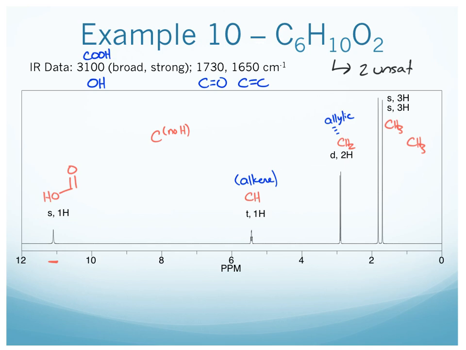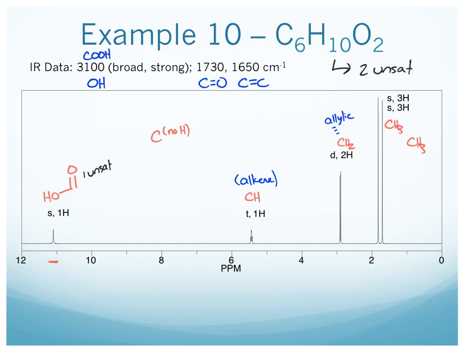Okay, well, considering I need 2 unsaturations, I have 1 unsaturation with the carboxylic acid, C double bond O. My other one I think is an alkene, because I have something in the alkene region.